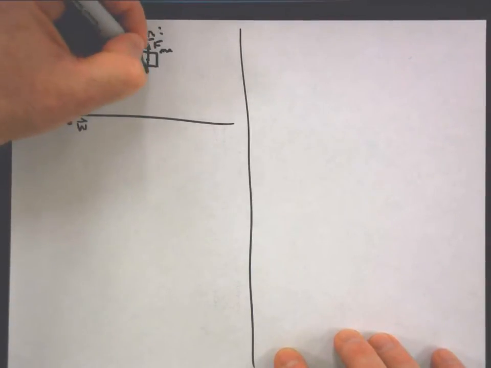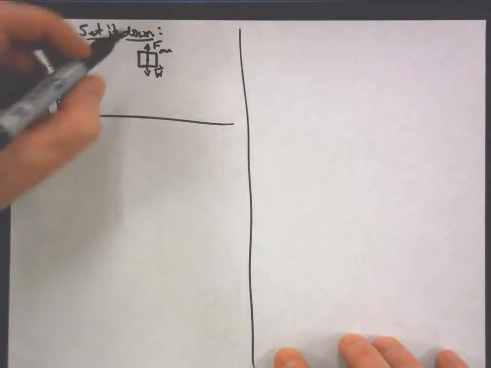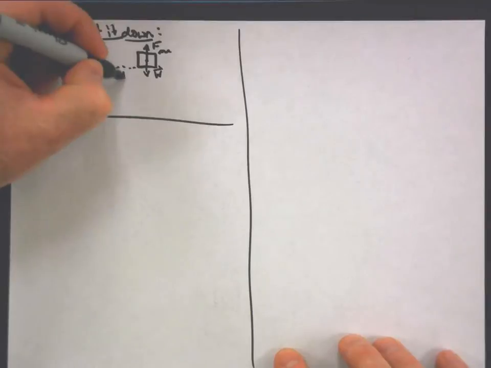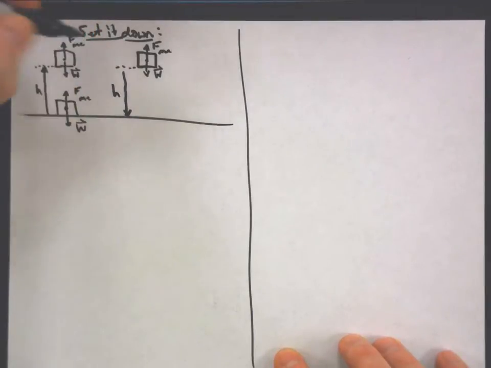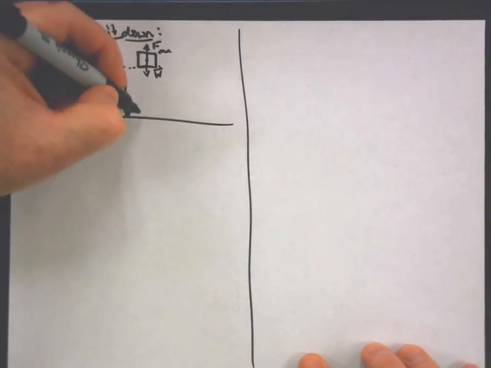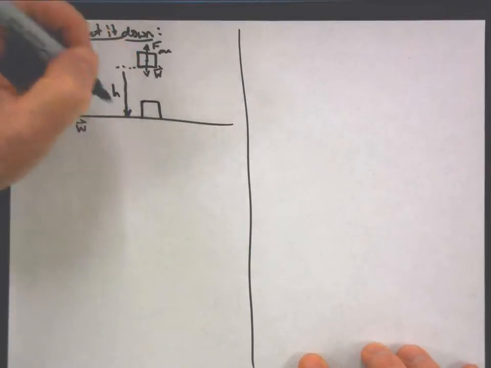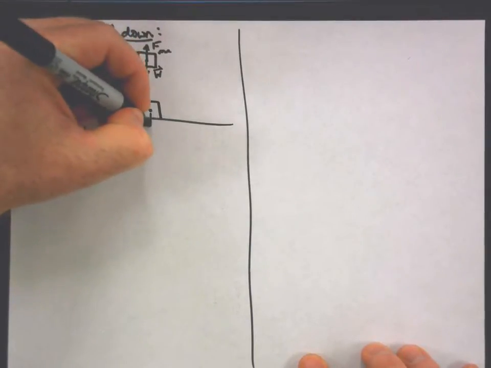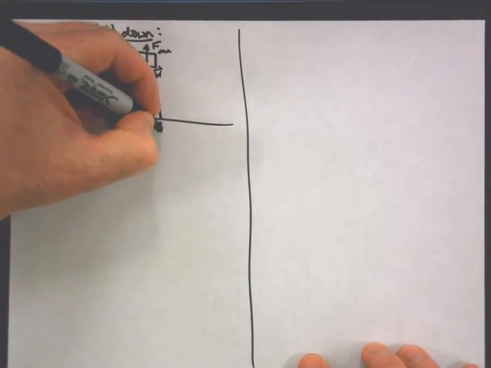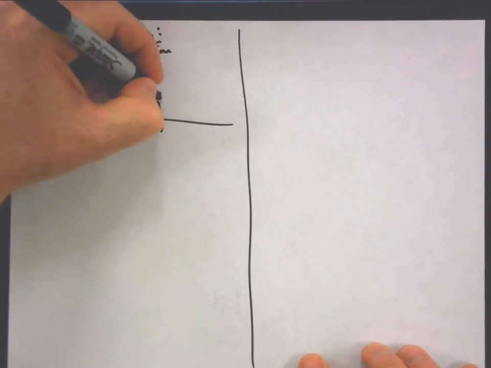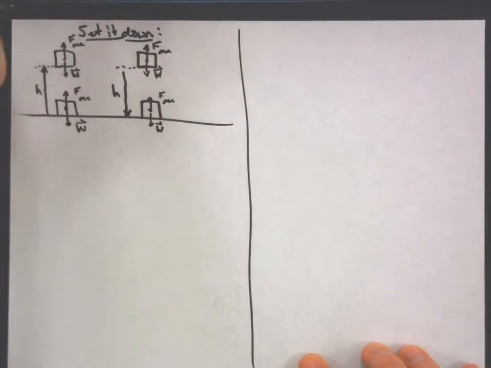Force of me, gravity, and it's going to move through that distance h and end up there. And down here, still got gravity and still got force of me. Okay. So I set it down.